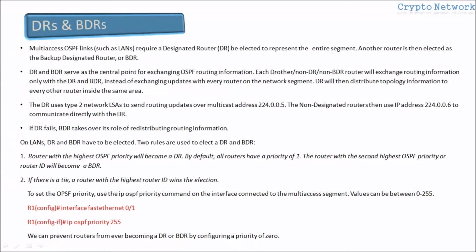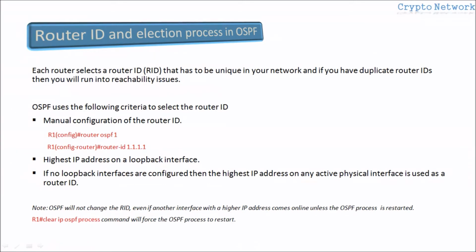So let us discuss the election of router ID. What is a router ID? The OSPF router ID selection algorithm works like this: each router selects a router ID. Any manually configured OSPF router ID in the OSPF process is selected as the OSPF router ID. So if you manually configure the router ID with the router-id command under the OSPF process, that router ID will be elected as the router ID.